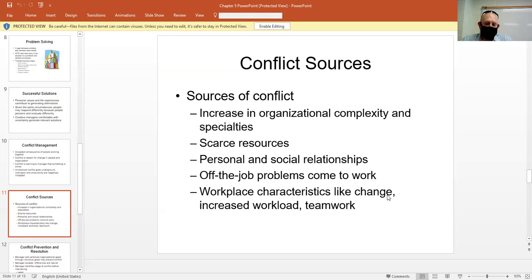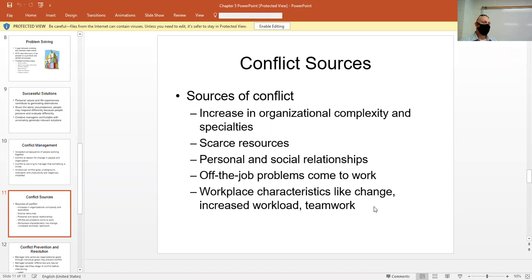Workplace characteristics like change, increased workload, and teamwork. Who likes change? Nobody? Yeah, that's across the board. Most folks don't. That's common. Something to keep in mind here: sometimes change is for the better. We talked about that in the last class.